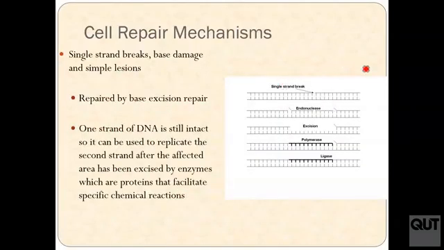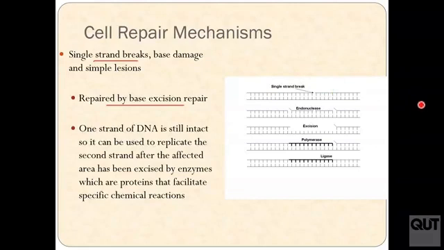So let's have a look at some cell repair. Now this is only a very, very brief and quick few seconds of something for which whole courses are designed to cover. So let's have a look very briefly. Single strand breaks, base damage and simple lesions are repaired by base excision.